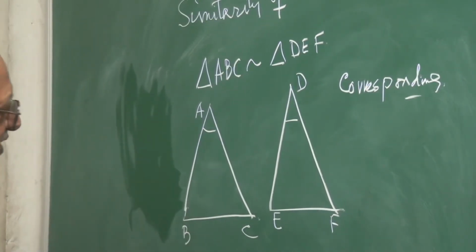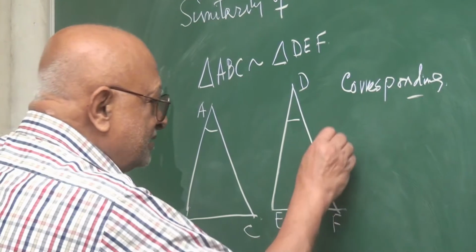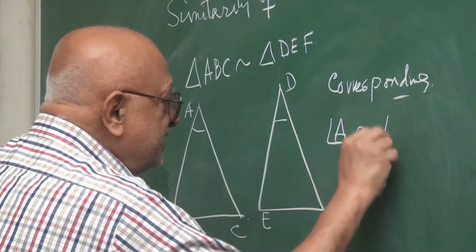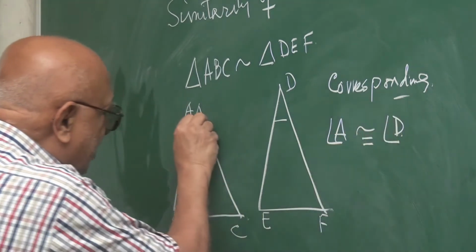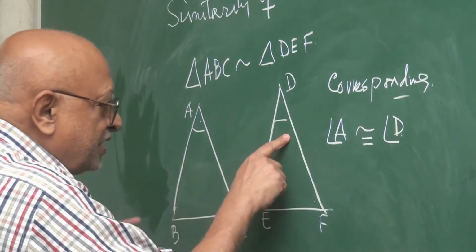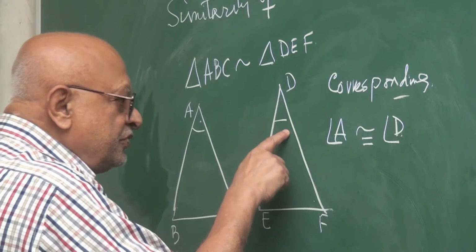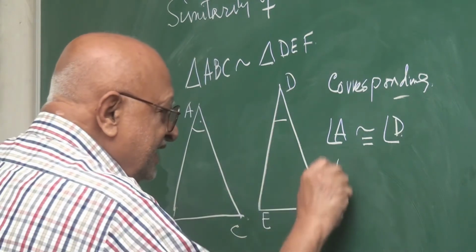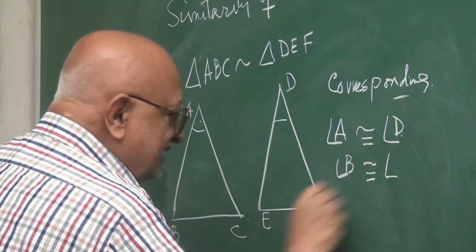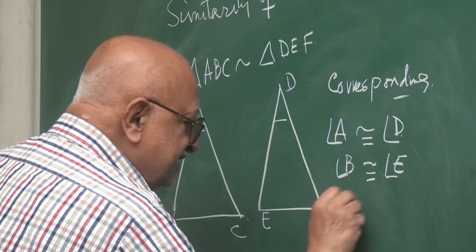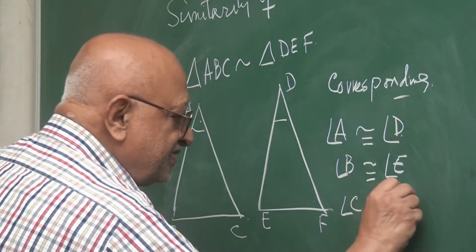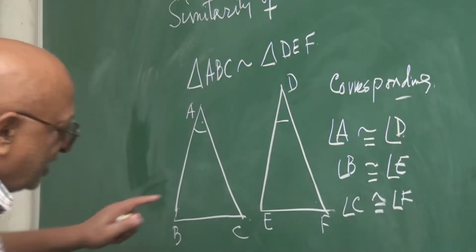That means angle A is congruent with angle D. No, not F, it will be corresponding. So angle A corresponds to angle D, angle B corresponds to angle E, and angle C corresponds to angle F. So these are three angles, 1, 2, 3.